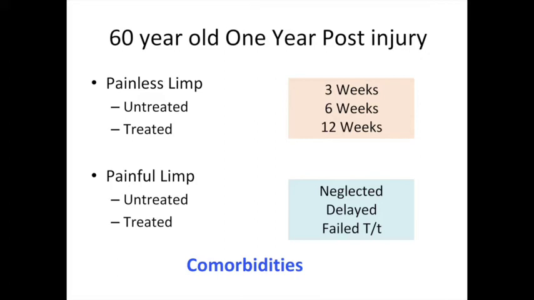So there is a bimodal distribution, meaning that these are fractures of the old age. They could present with painless limp or painful limp. They could present with history of treatment or history of no treatment. So they could have a presentation at 3 weeks, 6 weeks, 12 weeks, and they would fall into different categories as described earlier: neglected, delayed, or failed treatment.